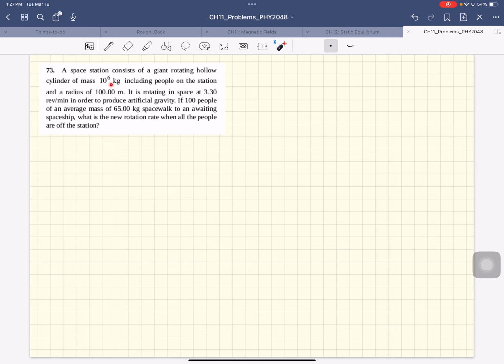This thing is 1,000,000 kg. These guys are like dust particles. It's 0.1% of the mass, so they won't change the angular velocity too much. And you don't want the angular velocity to change too much anyway, right? You guys understanding this? All right, so we'll draw the space station first.